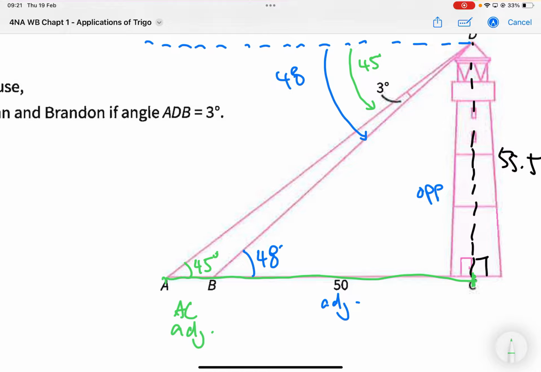Okay? Then out of the right angle triangle, what can help me find AC? I still don't know the hypotenuse. But now I know the height already, which I found just now, 55.5. So I can use this 55.5 to find my AC, because 55.5 is the opposite of 45, and AC is the adjacent of 45.